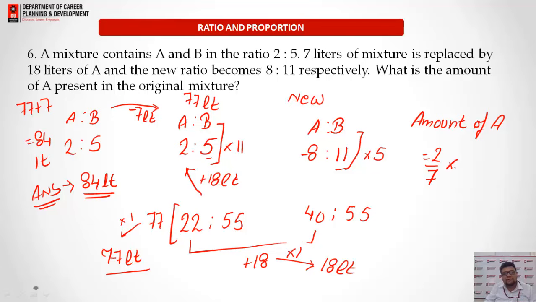So 2 by 7 multiplied by 84, cancel this out, it will be 12 times 2. So it will be 24 liter. So this will be your answer for the amount of A. 84 liter is the total mixture and 24 liter is the amount of A in that original mixture.